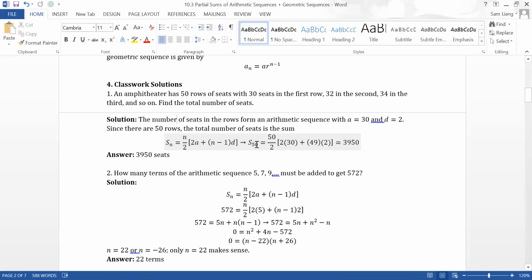So S sub 50, since there are 50 rows, n is 50, equals 50 divided by 2, bracket 2 times 30, plus 49, which is 50 minus 1, times the common difference of 2. And if you calculate all of that, you get 3950. So 3950 seats in this theater.